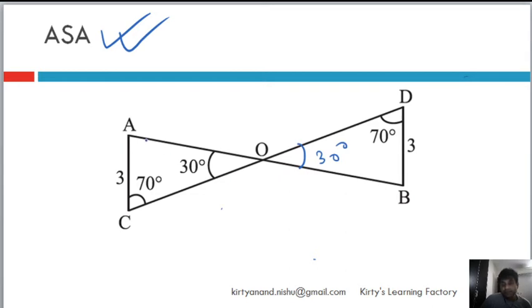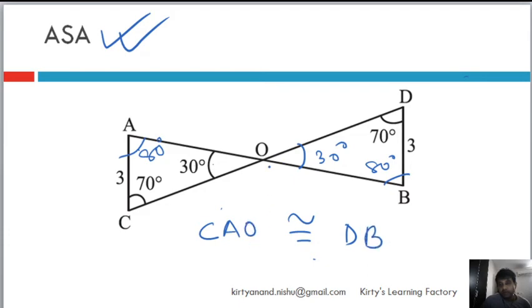And therefore by that definition this will also be equal to this, right? Otherwise also, without ascertaining that AC is parallel to DB, I can say that because this is 30, 30, this is 70, 70, therefore the third angle is 80 degree, because 100 and 100 is 180 and 80 degree, it will be equal. Okay, now that all the three angles are equal, so 70 degree is here, so the point C is corresponding to D. 80 degree is point A, corresponding to 80 degree here, point B, and O is corresponding to O. Why are we saying this?